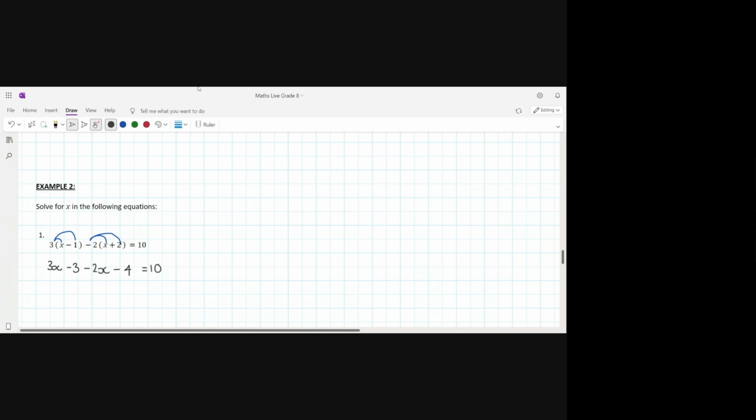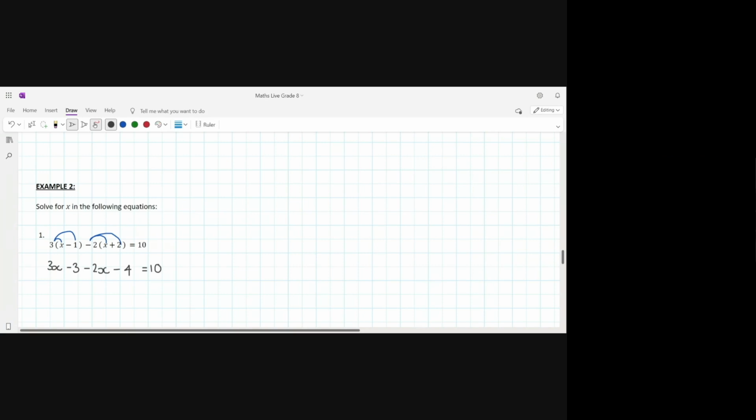Next move. What's my next move? What do I do next? Okay, something's gotta go. What am I moving? Good. Yes, all my x's are on one side. Yes, beautiful.